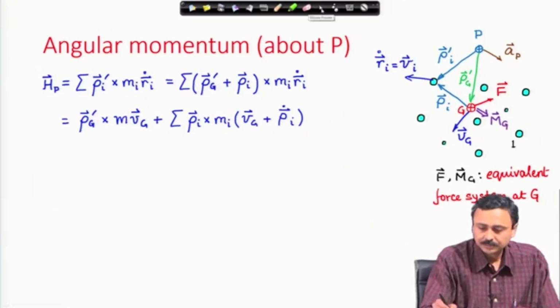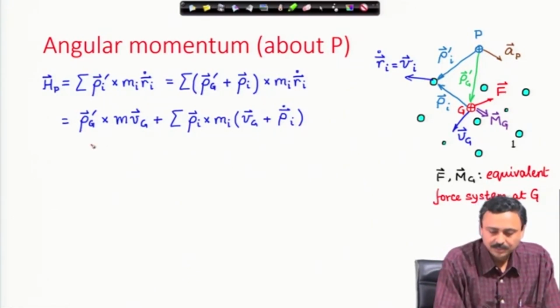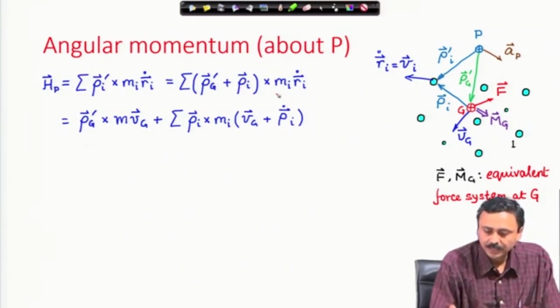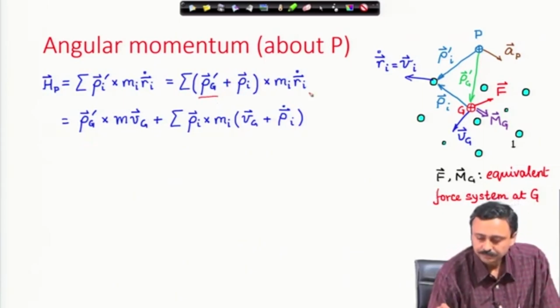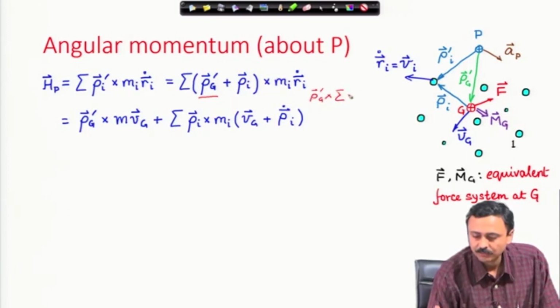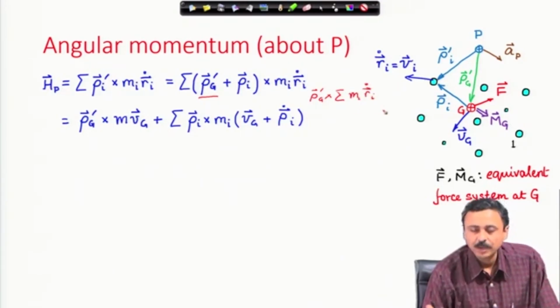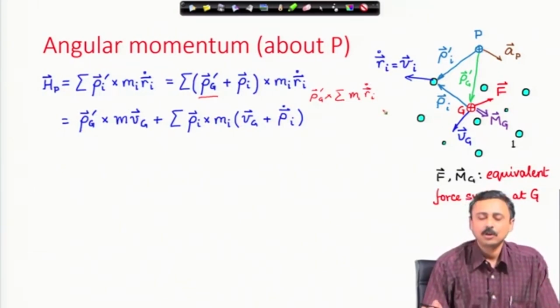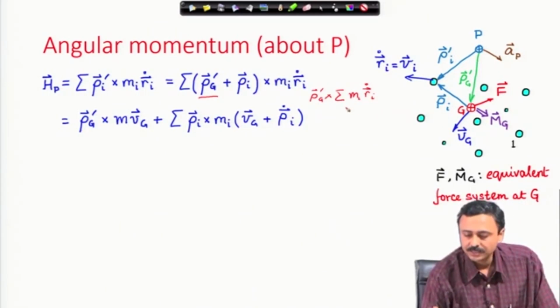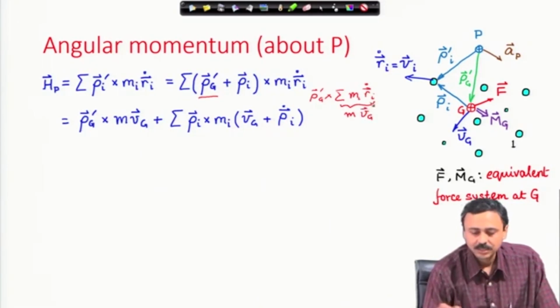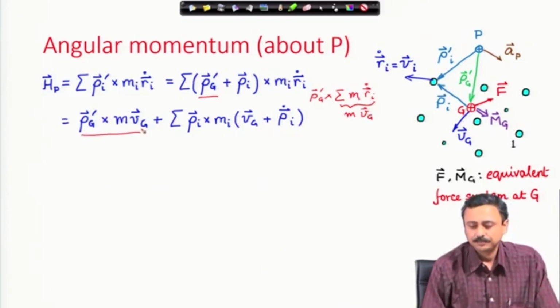When I consider this first term, rho g prime cross, I will get the first term as rho g prime vector cross summation of m i r i dot, and summation of m i r i dot, as you know from the definition of center of mass, is nothing but total mass times velocity of the center of mass, and that is how I get the first term.